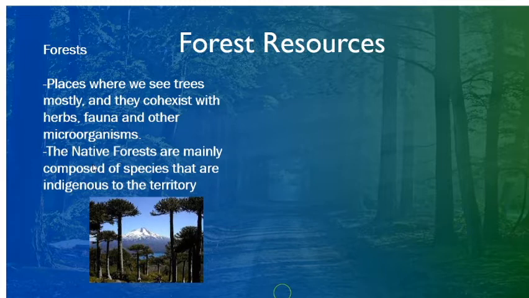The native forests, this information is important, are mainly composed of species that are indigenous to the territory. So this is a species of trees or vegetation that belongs to a certain territory. O sea, es un tipo de vegetación o bosque que pertenece a un lugar en particular.